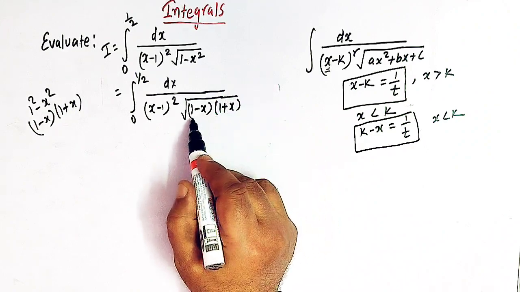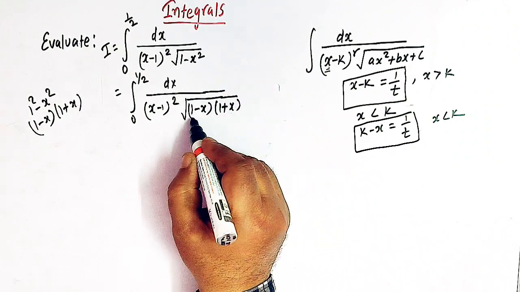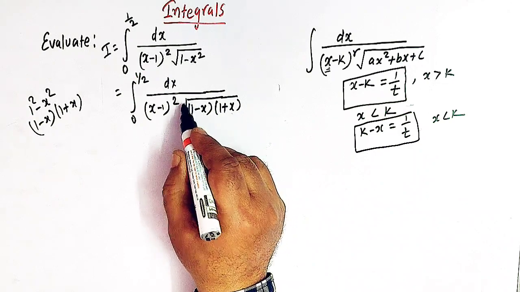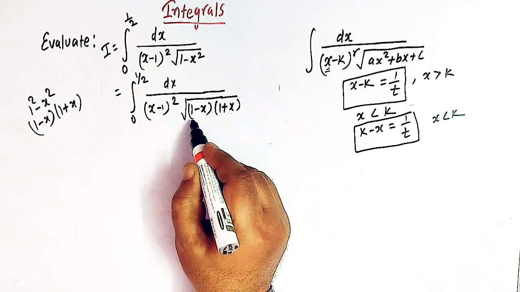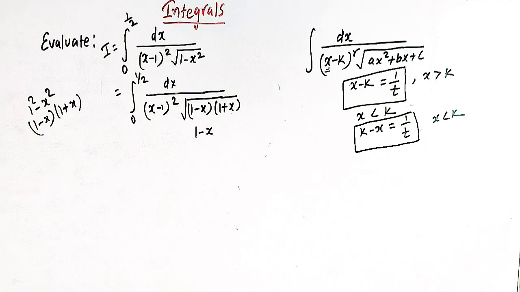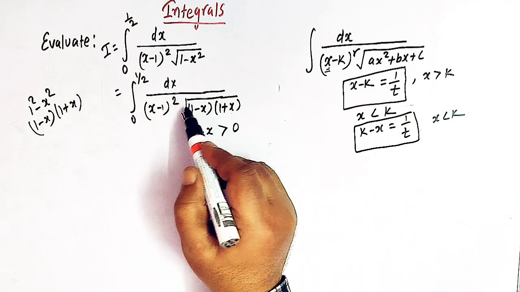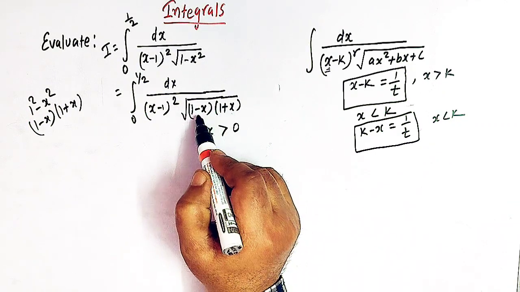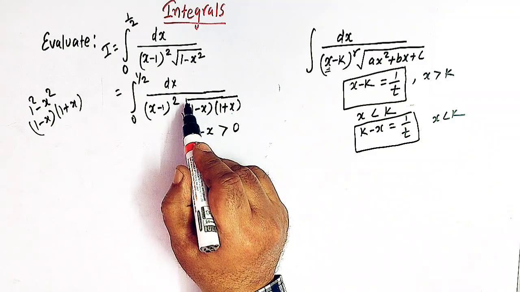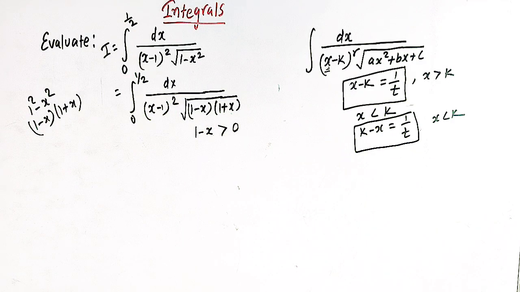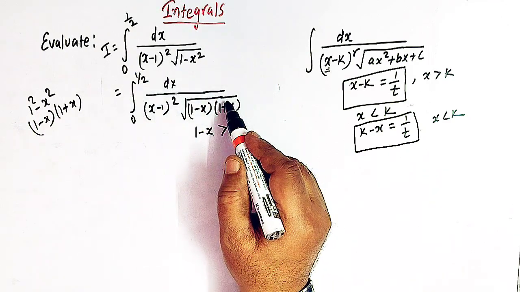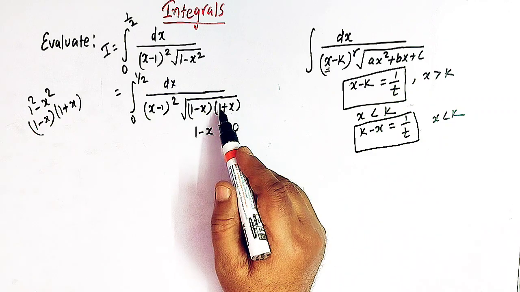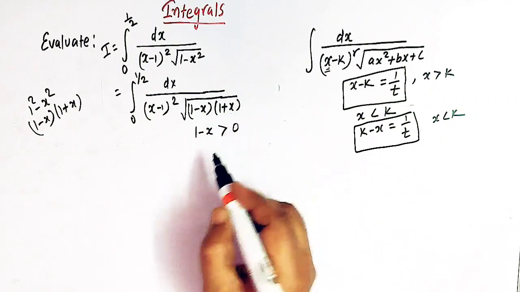Now if we look at these two terms, we see that for this term to be valid, we must have 1 minus x greater than 0, because we cannot have a negative sign inside the radical sign in the set of real numbers. So for the validity of this integrand, 1 minus x should be greater than 0.